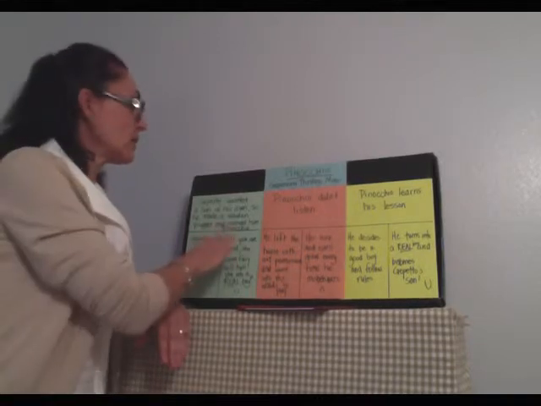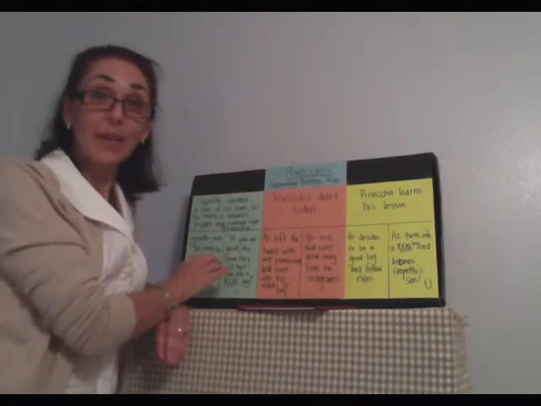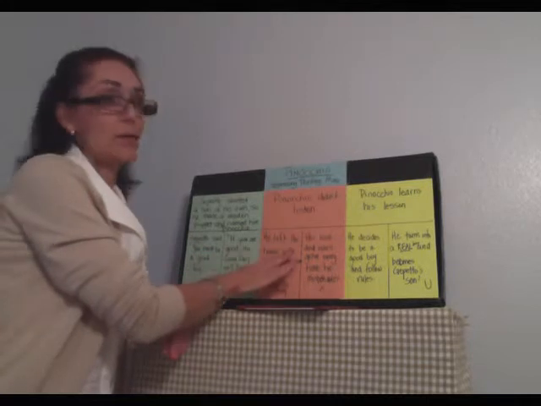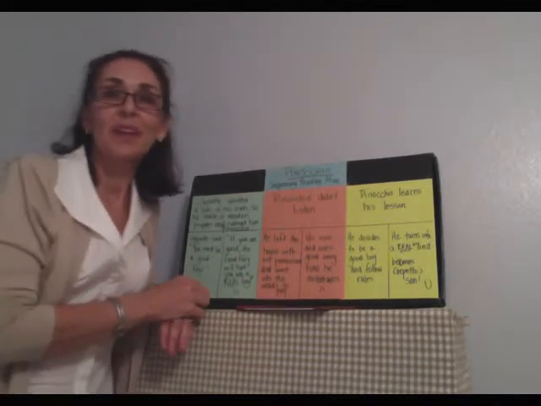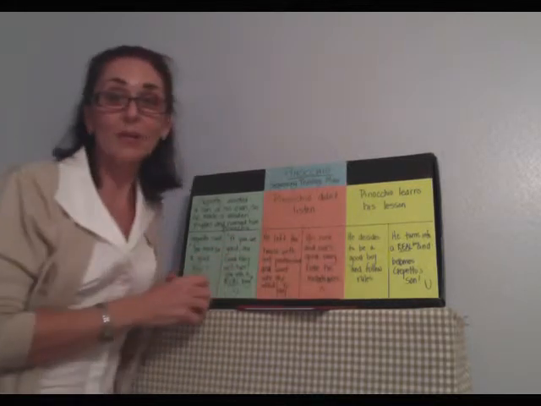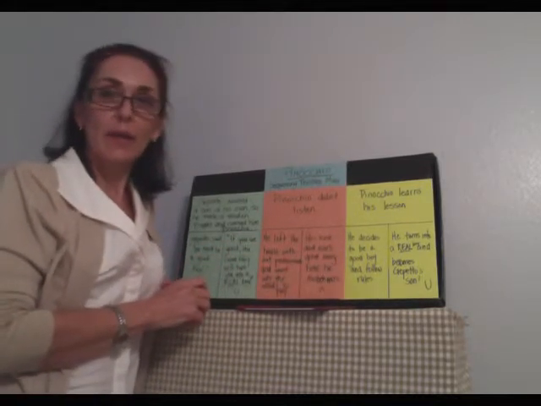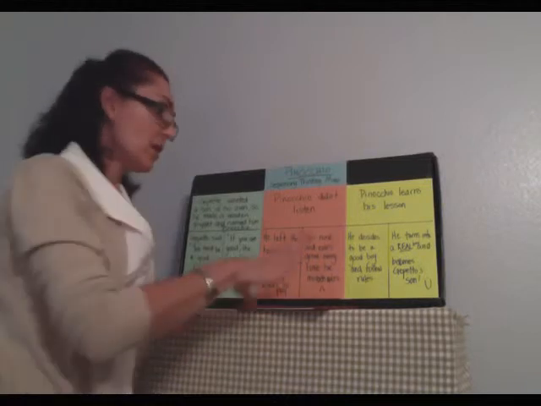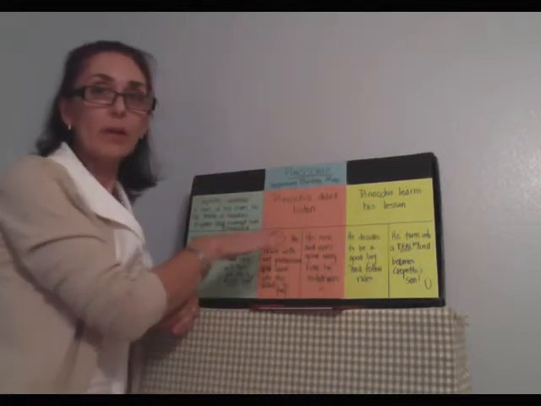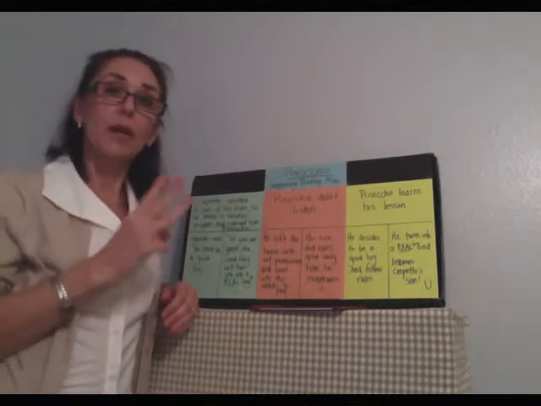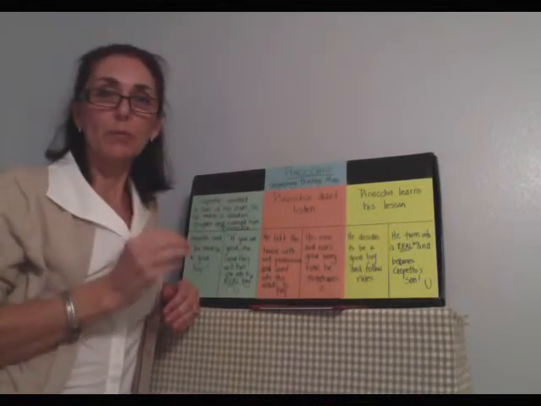So the first box is a summary of the beginning of the story. The second box is a summary of the middle of the story. And then the third box, as you can guess, would be a summary of the ending or the last part of the story. So again, the story might be 12 to 14 pages long, but we've narrowed it down, summarized it into 3 easy to understand, manageable pieces.